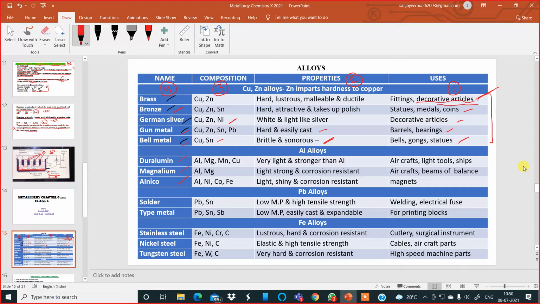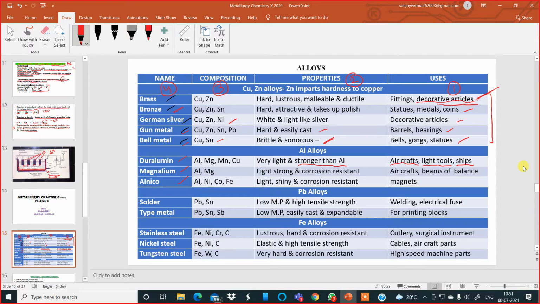It is composed of aluminium, magnesium, manganese, copper. So these elements make it very light and it is stronger than aluminium. It is used in making aircraft, light tools, and the bodies of ships. Duralumin.